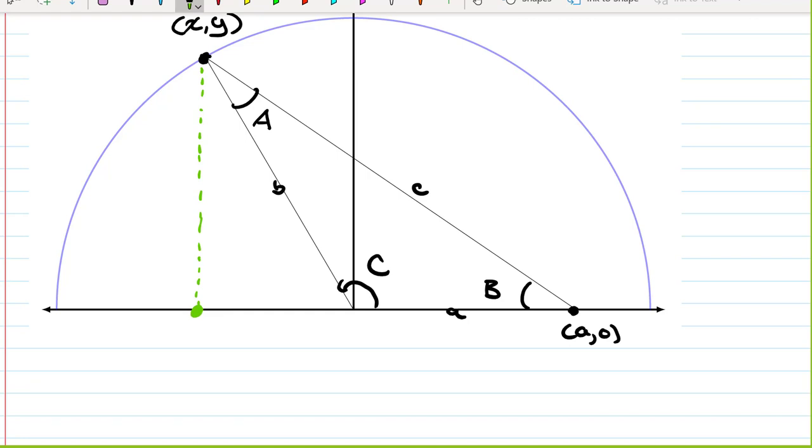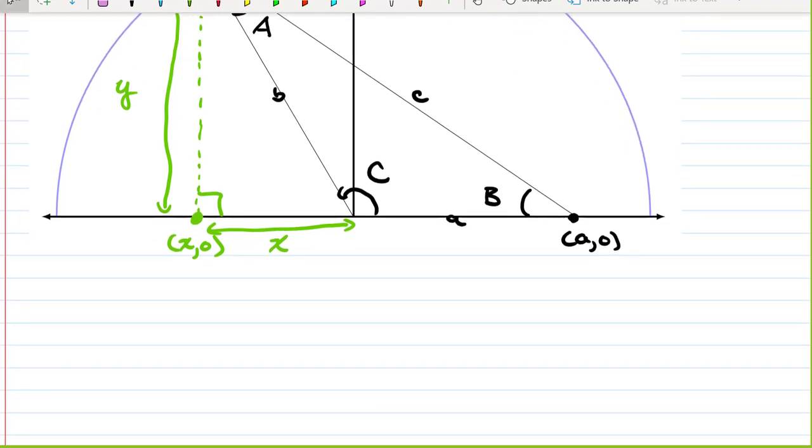If this is at point (x, y), then this point on the x-axis has to be at (x, 0). This distance from the origin to here has to be x, and this distance would have to be y. Since we dropped a perpendicular, we now have a right triangle here, but we need to calculate this distance.